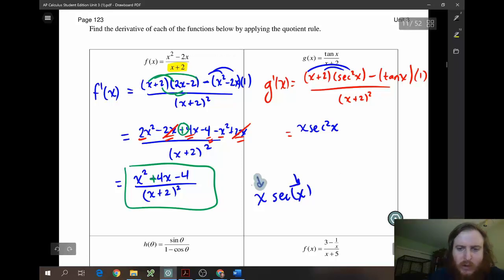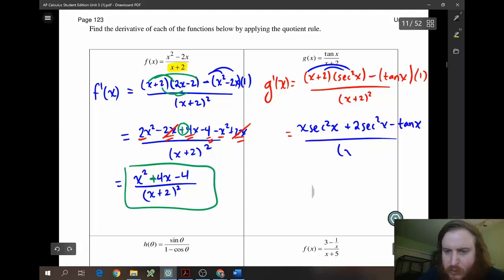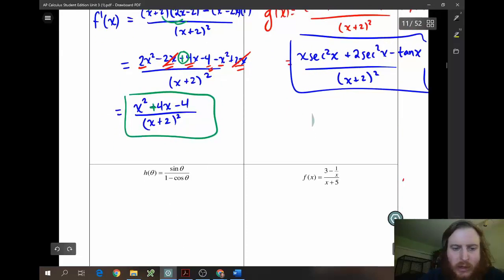They're totally different. They're not like terms. Okay? So x secant squared of x, then plus 2 secant squared of x, minus tangent of x, all over x plus 2 squared. And like we said, we're going to leave the x plus 2 squared. Nothing up here is factoring out, right? With trig, we're usually never going to get anything factoring, and that's our answer.